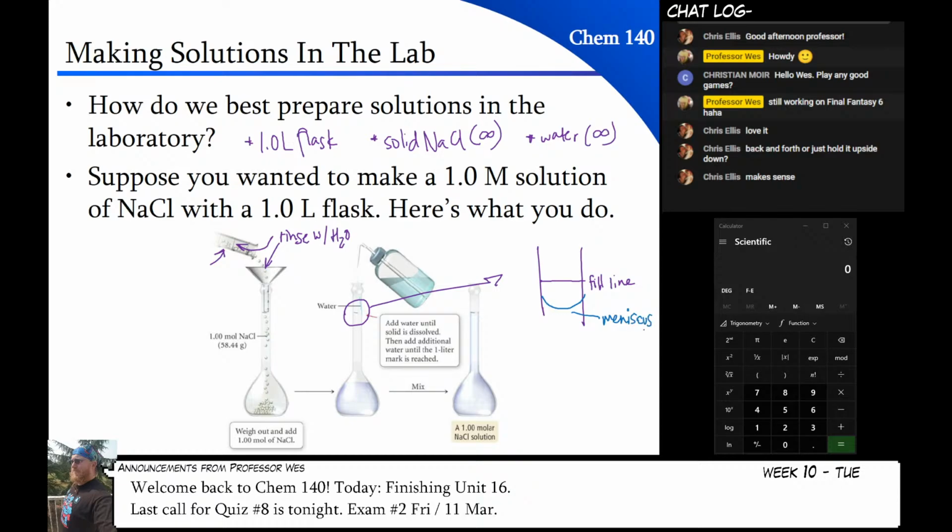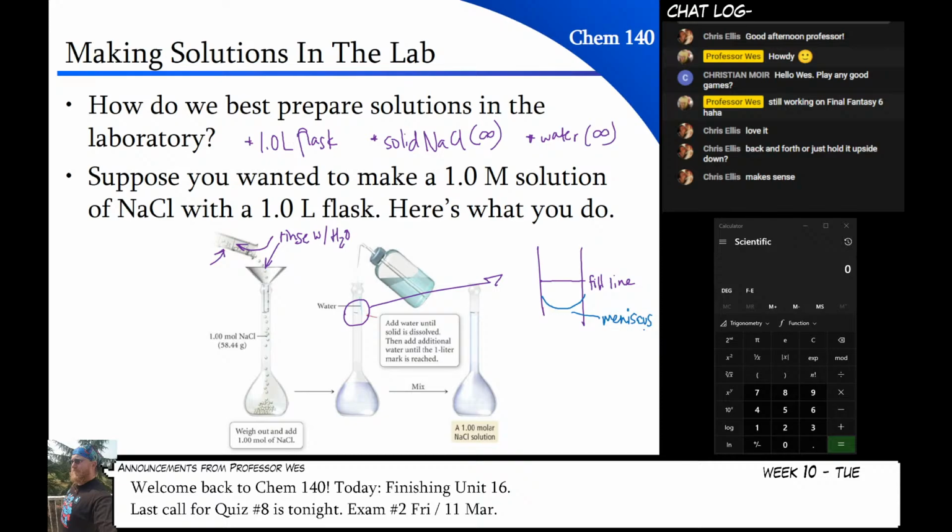A meniscus is the result of water being attracted to the glass because we said yesterday water was polar. Turns out that glassware contains oxygen and silicon atoms, which create a polar arrangement. So water is attracted to them and actually climbs up the sides of the glass. This is called capillary action, if you've heard of it, or adhesion.